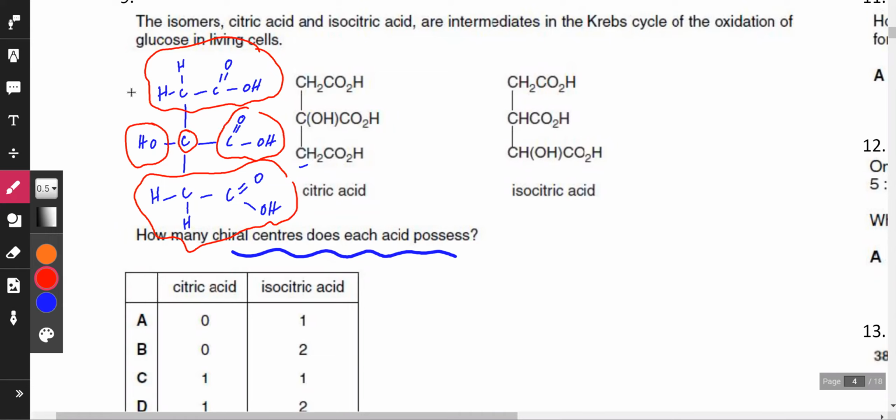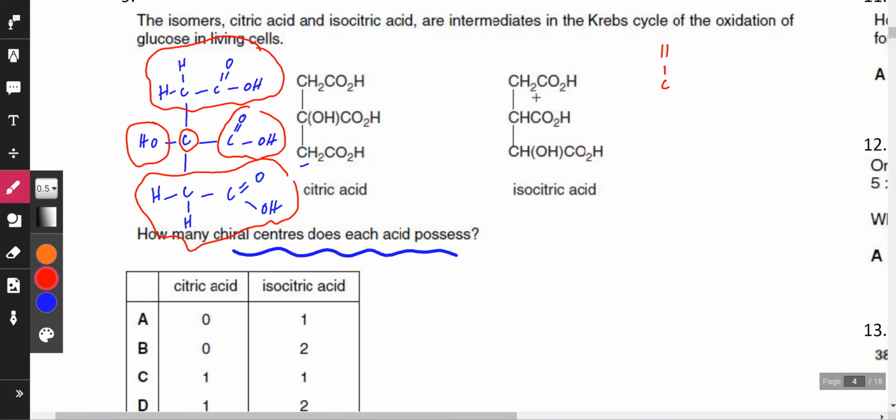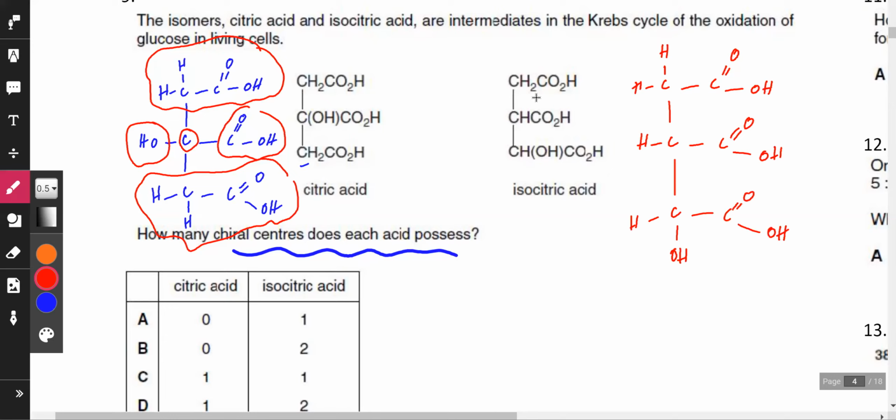Is this clear? Yes. What about this other one: CH2 and C double bond O and OH, and at the bottom C and then H, and C double bond O and OH, and at the bottom C and H and OH, and again C double bond O. How many chiral centers does this have?